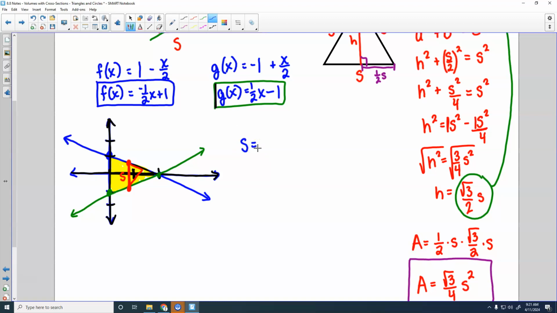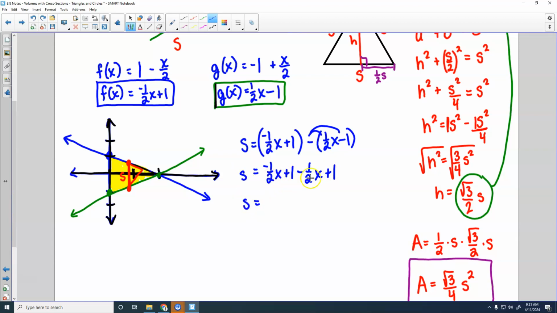Which equation is my top? f of x, so negative 1/2 x plus 1 minus the bottom, which is my green, so that is 1/2 x minus 1. If I distribute that negative, I will get negative 1/2 x plus 1 minus 1/2 x plus 1. And so negative 1/2 and negative 1/2 is just going to give me negative x. 1 plus 1 will give me 2 there. So that is my S.